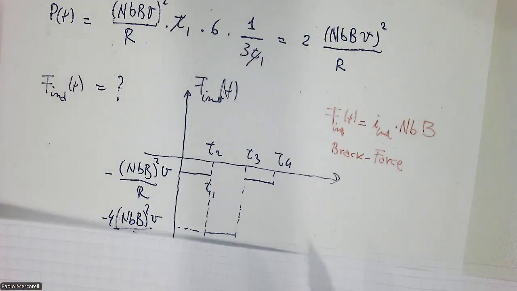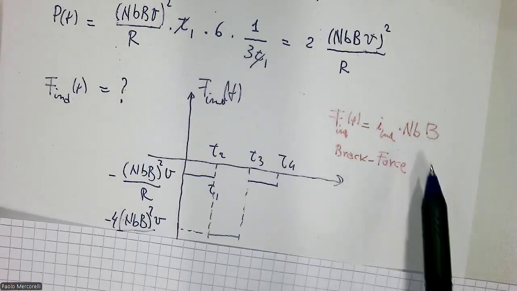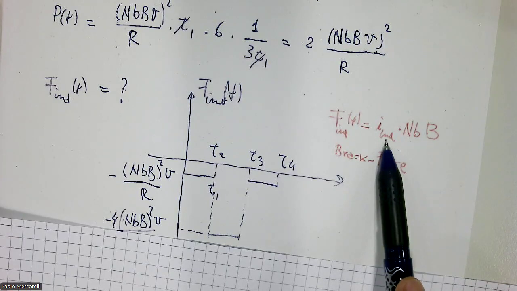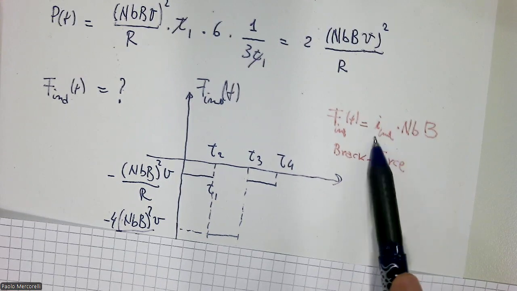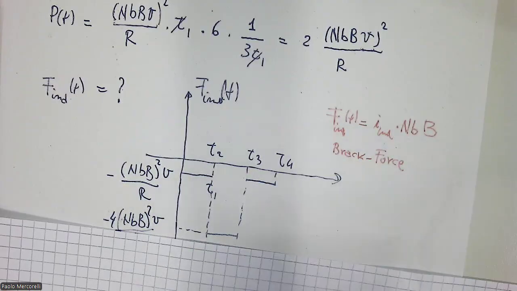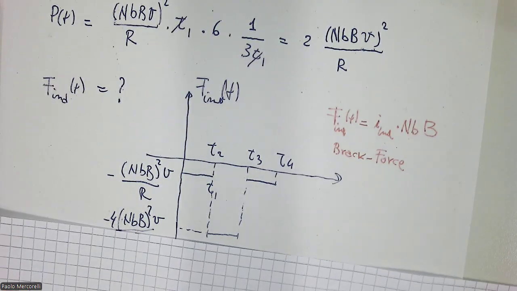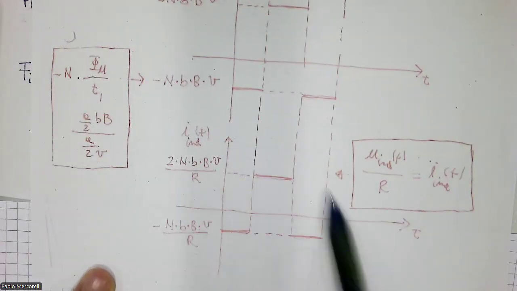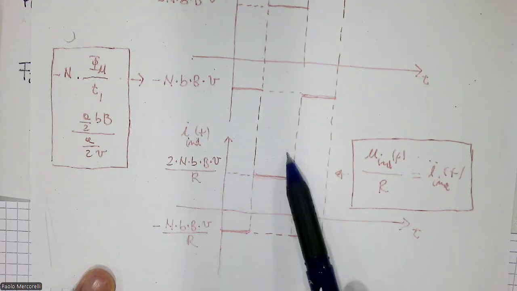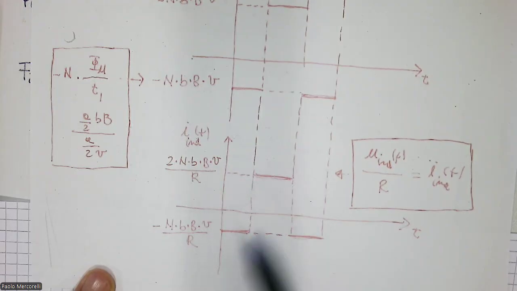In fact, we have to be more precise here. I have to consider the absolute value of the current, if you consider this brake concept. Very often we write it directly like this, but we have to remember that it's the brake force. Of course, this is the brake current, even though the sign changes.